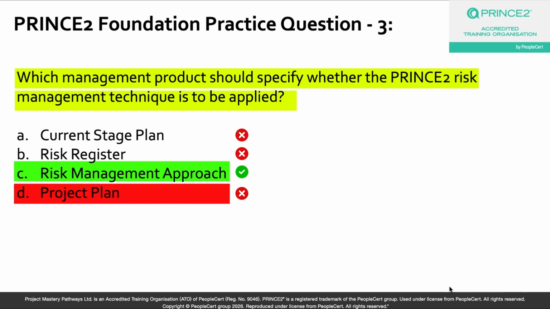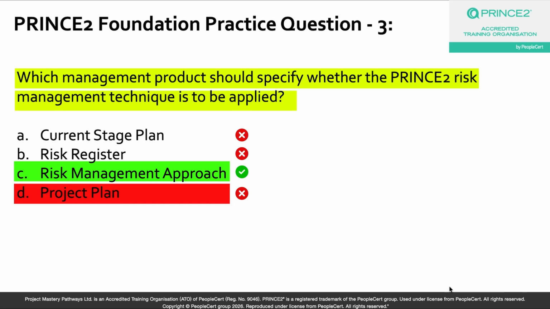So if the project decides to apply the PRINCE2 5-step risk management technique, which involves identifying the risks, assessing the risks, planning the risk mitigation actions, implementing those, and finally communicating the closure or the current or the mitigated status of the risks to the stakeholders, that decision or that entire life cycle is documented in the risk management approach.